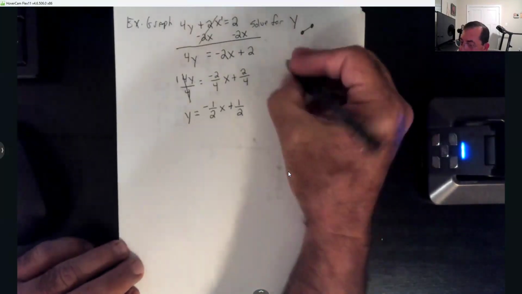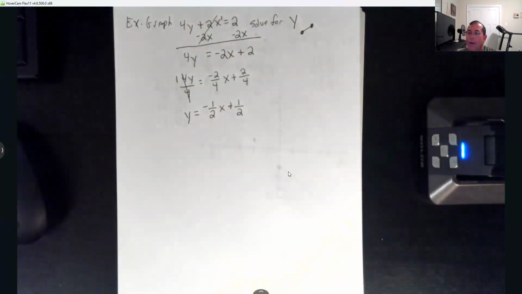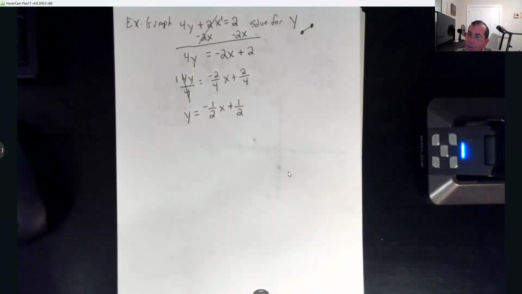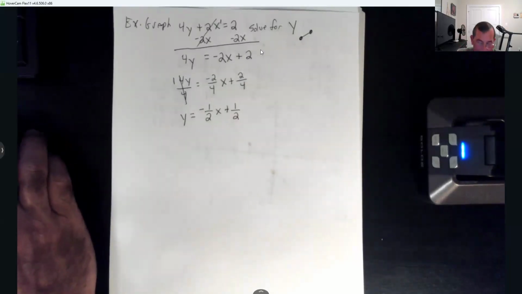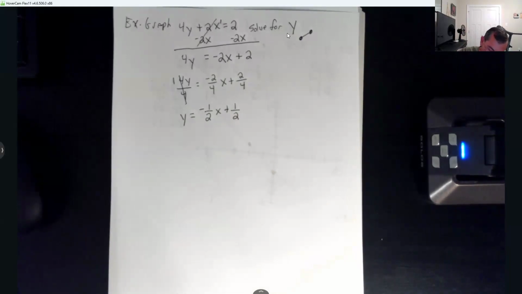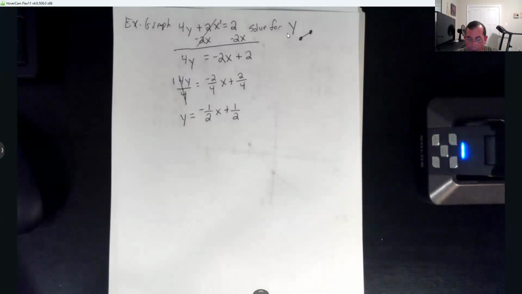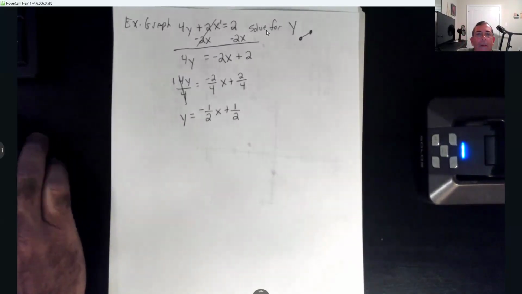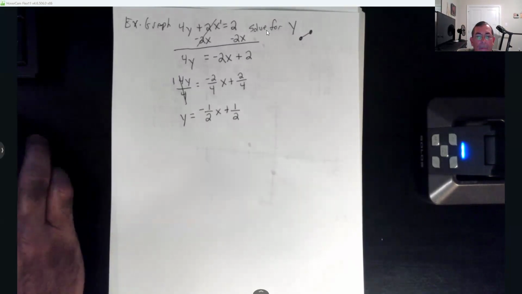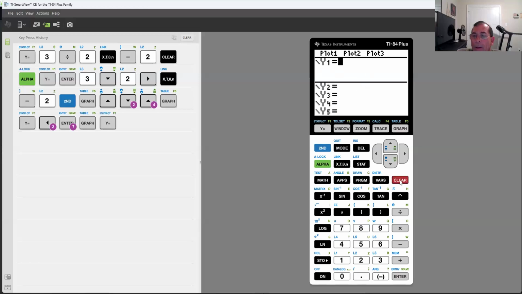Alrighty, y'all. So on this one, you can make another XY table. But what I'm going to try to do is get y'all good on this calculator. I'm going to go to Y equals, clear that out. And I'm going to use the fractions for both of these.